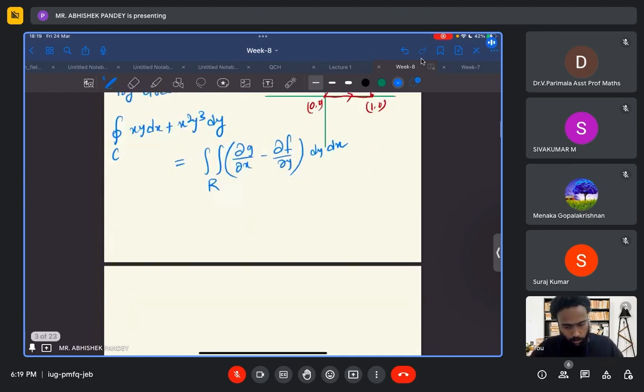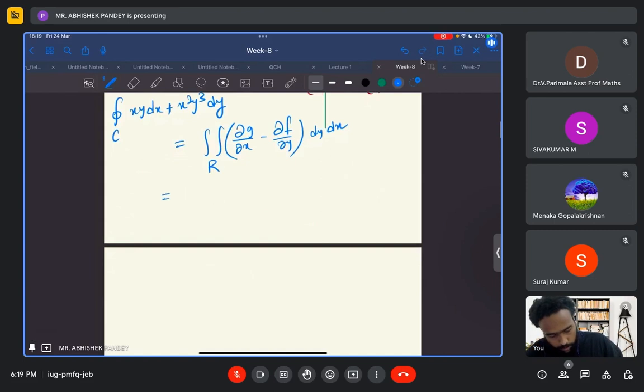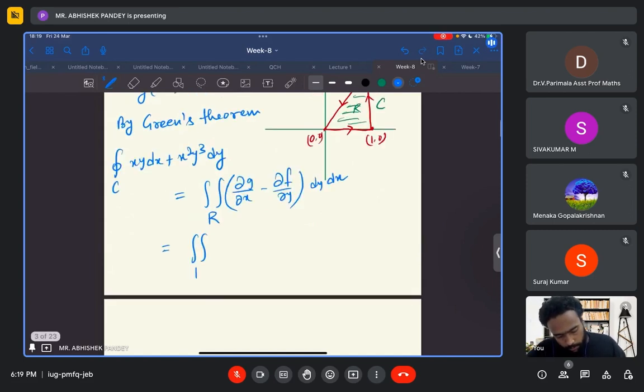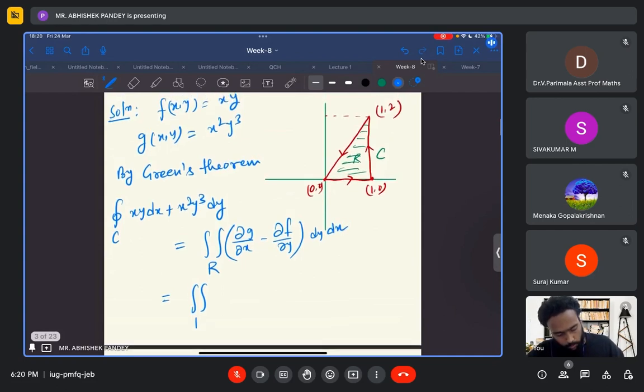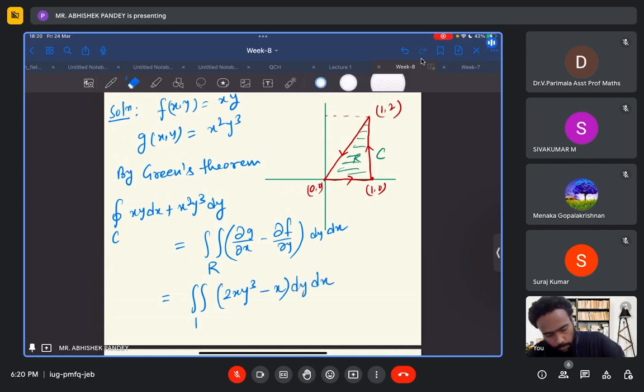Del g by del x is 2xy cube, minus del f by del y, which is x. So dy dx. Now we have to put the limits.